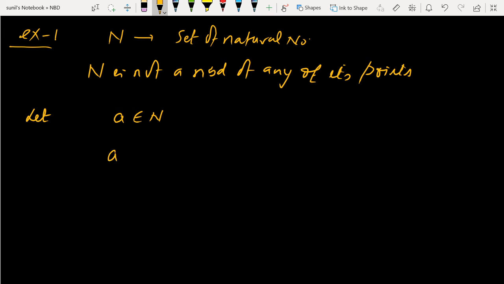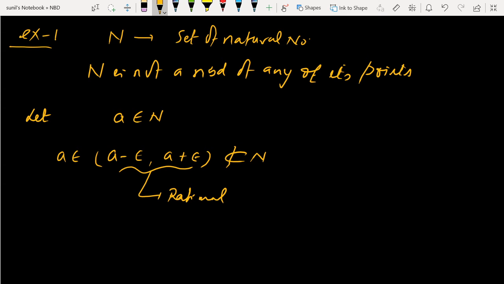If I construct an interval (a minus epsilon, a plus epsilon), a belongs to it, but it is never contained in N because this interval always contains rational as well as irrational numbers, which are not part of the natural numbers. So we can say that the set N of natural numbers is not a neighborhood of any of its points.